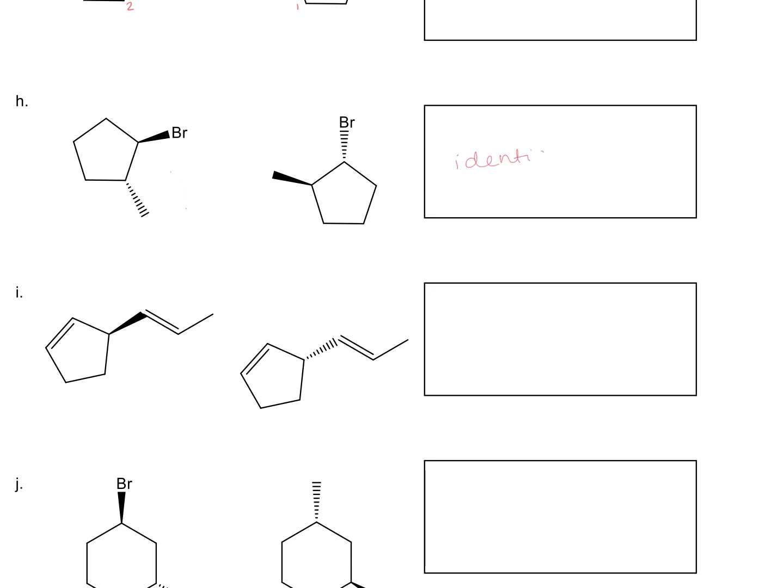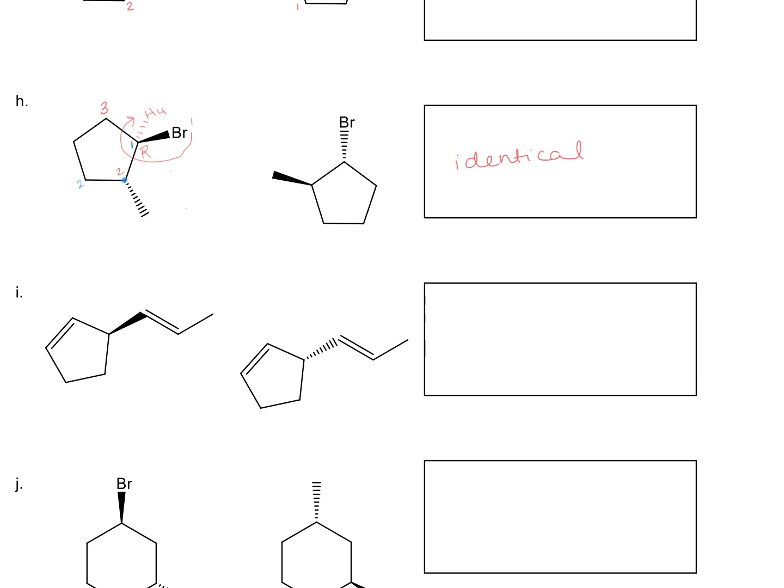Again, if that doesn't make sense, you could always figure out R or S to confirm your answer. So bromine is 1, this group is 2, this is 3, and the hydrogen's in the back, it's 4. So 1 to 2 to 3, it's going clockwise, it's going to be R. And down below here, this carbon is 1 attached to this chiral center.